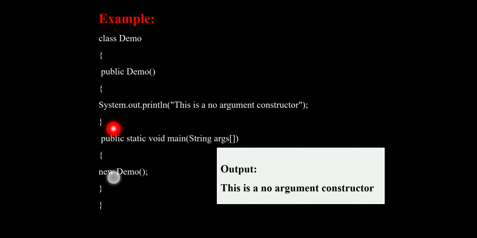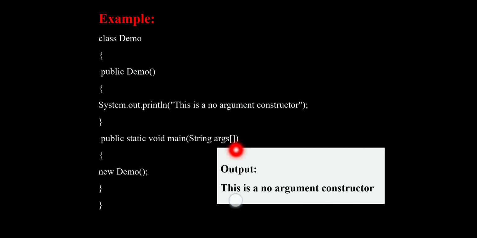Here we close the constructor. In the main method, we are going to create a new Demo. Again, we close the main method and the class. Here the constructor is public Demo. We didn't pass any argument, because of that this is the default constructor, or a no-argument constructor.